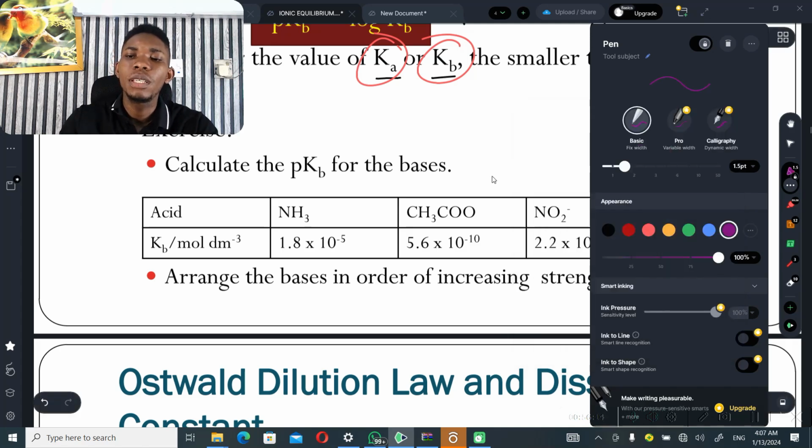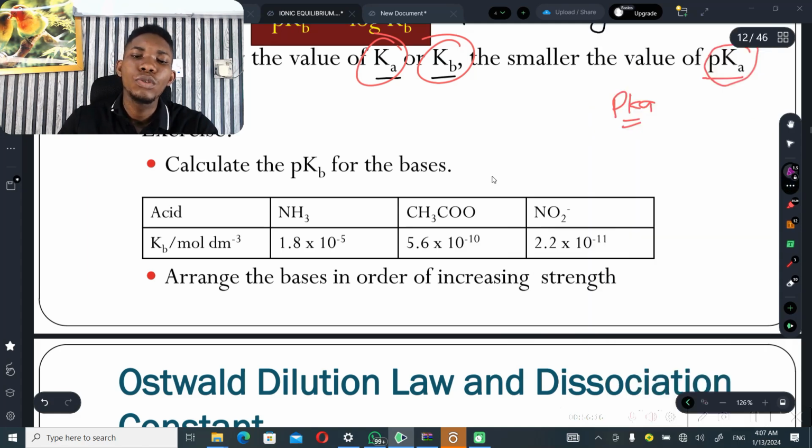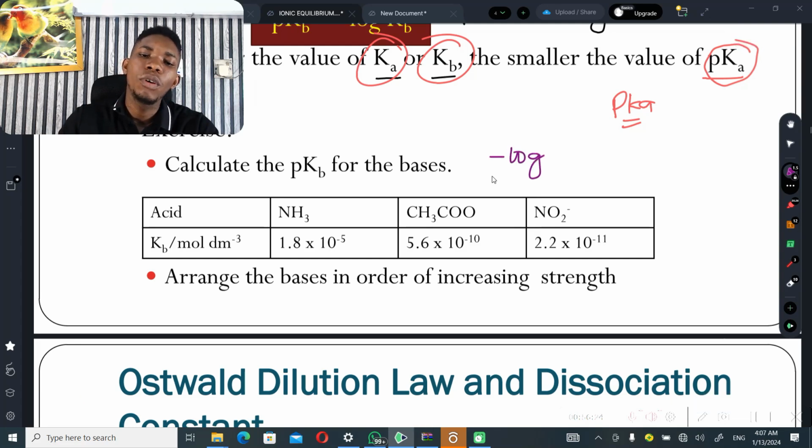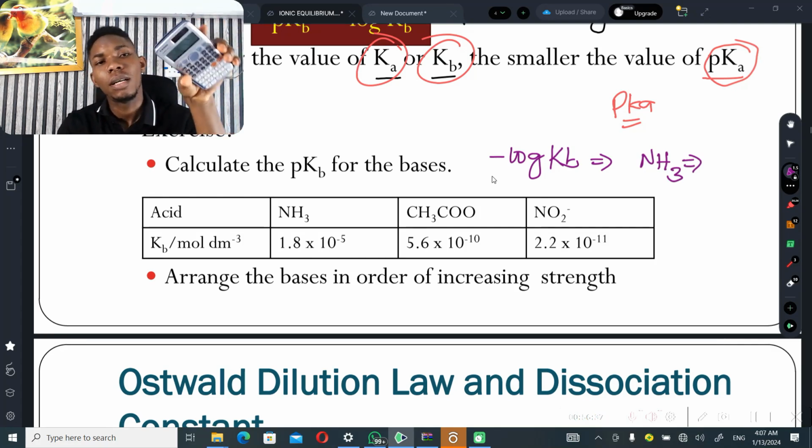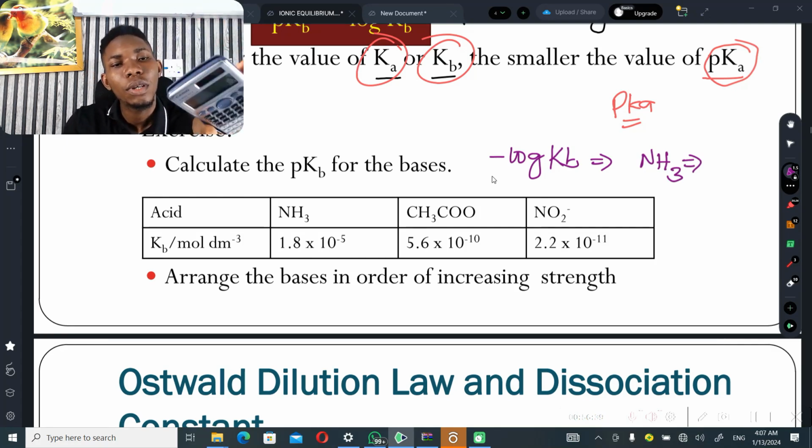Now when they say calculate the pKb, all you need to do is press the negative log of the Kb. So we have ammonia and we are going to arrange them. So go to your calculator. This is my calculator. Are you getting it? Go to your calculator now.